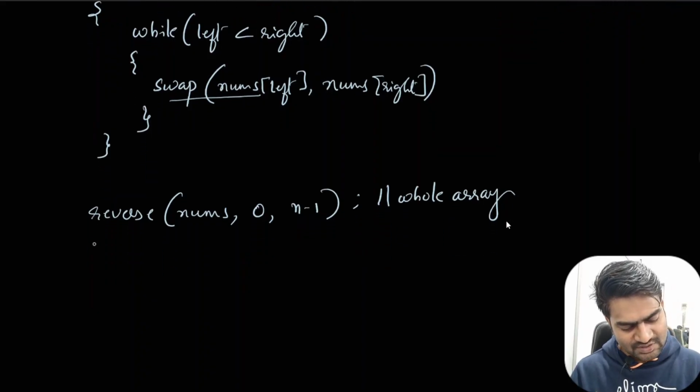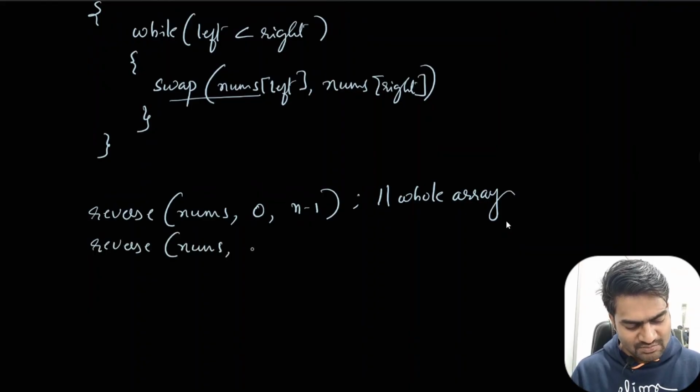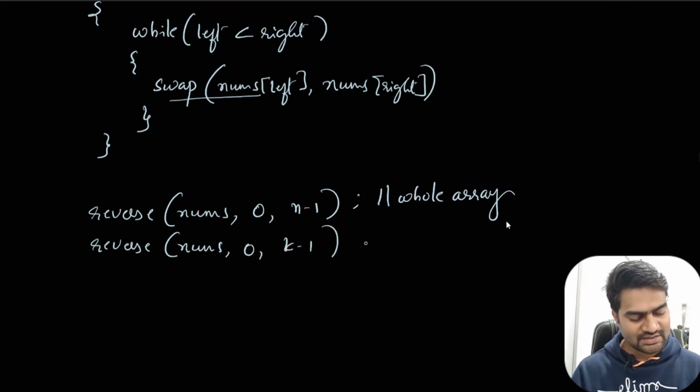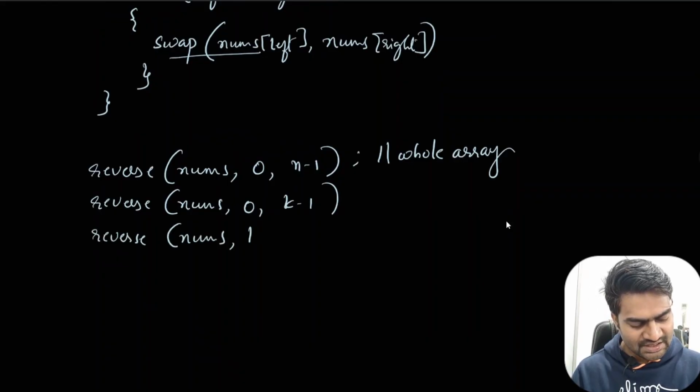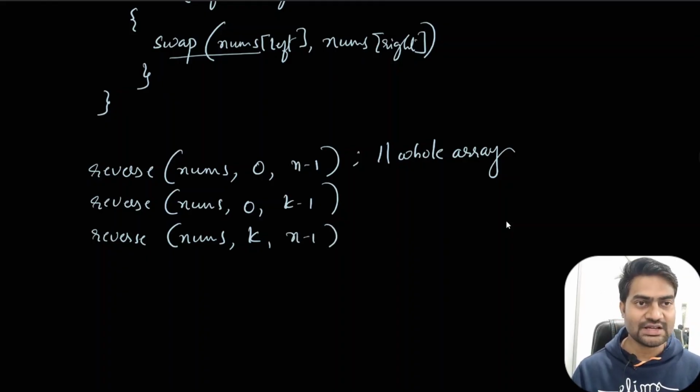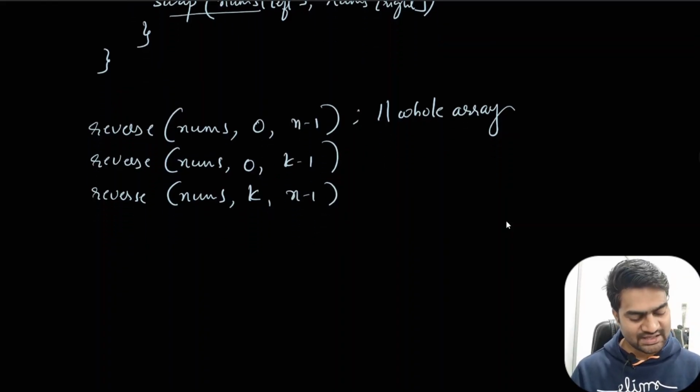Next, I will again call reverse, passing nums from 0 to k minus 1. Next I will call reverse again with nums from k to n minus 1, the remaining numbers. So this will give us the rotated array in place, and we don't need to return anything.